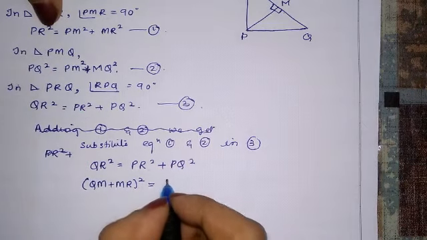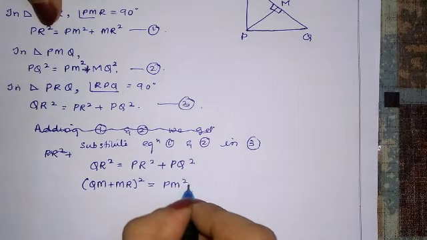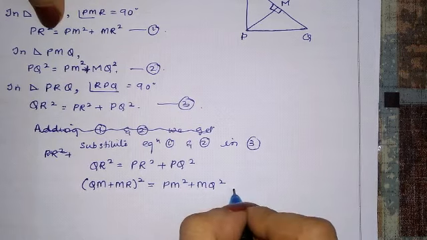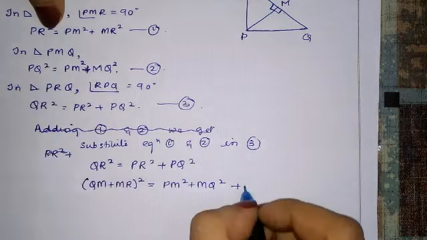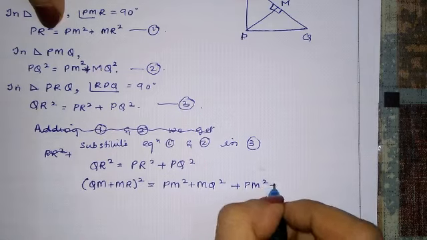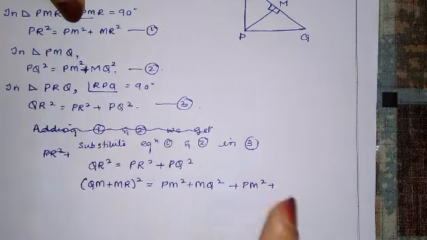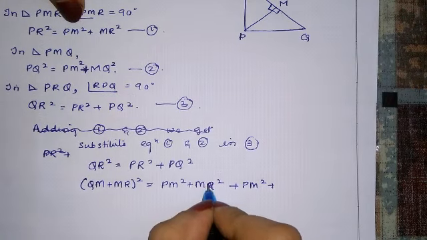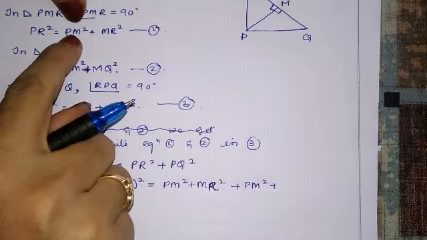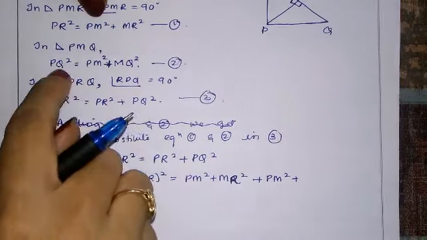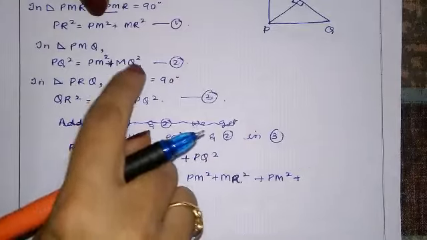PR value is PM square plus MR square, and PQ value is PM square plus MQ square. Don't get confused. PR value is PM square plus MR square and PQ value is PM square plus MQ square.